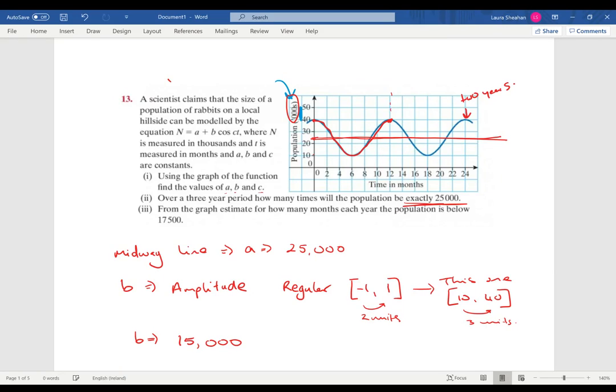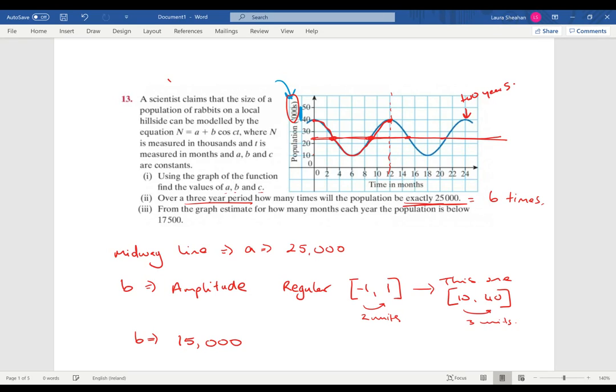In 1 year, it is 25,000 twice. So every 12-month cycle, because it's periodical every 12 months, there will be 2. So there's 2 in the second year, there'll be 2 in the third year. So over a 3-year period, the population will be exactly 25,000 6 times.